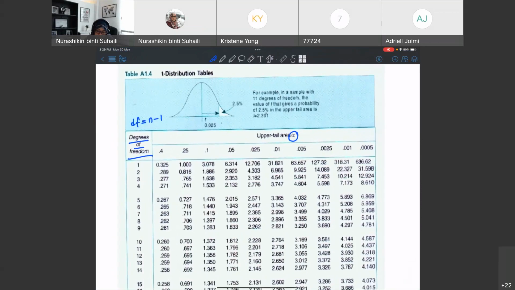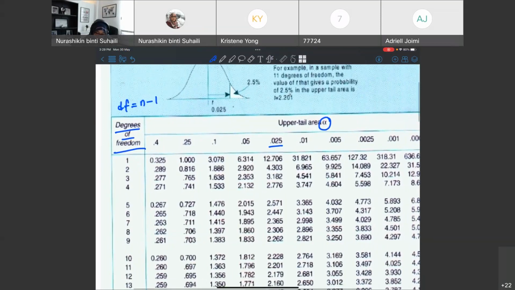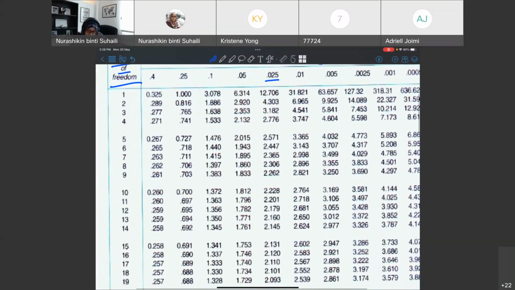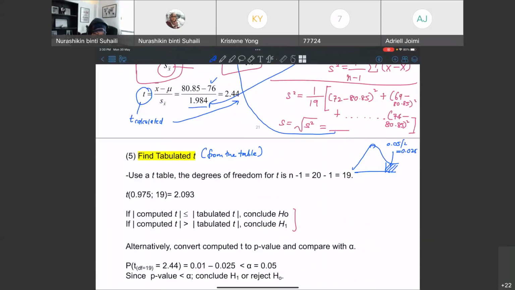So if you refer here, this is 0.025, and you go for 19, isn't it? 19. So the value is over here. That is the t. The values inside here are the t tabulated. Okay, 2.093. Go back here. So this is the value. Yeah, this is t tabulated. That's how you find the t tabulated.